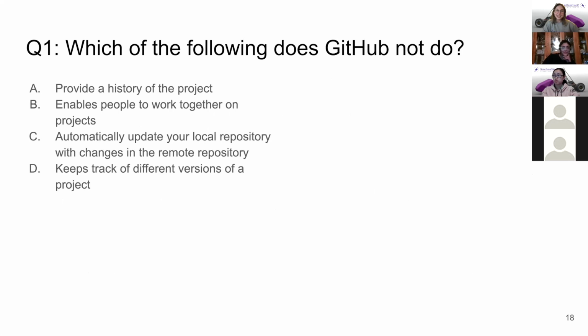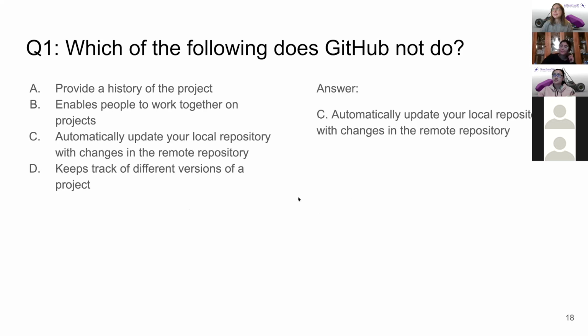Which one do you think this is? All right, it looks like C is the unanimous answer. What do you think it is, Amneet? I think I'm going to go with C as well. And you are all correct. Good job, guys.